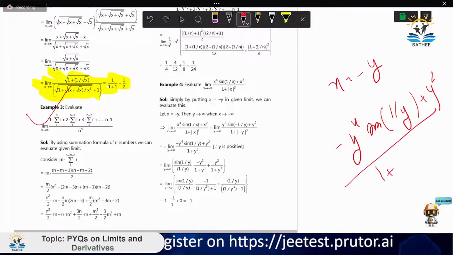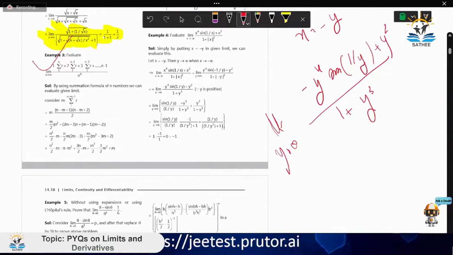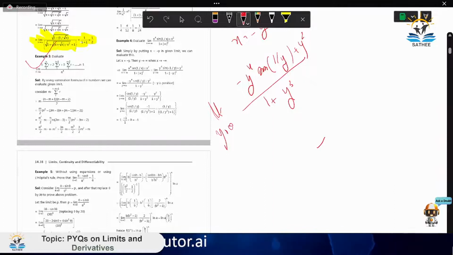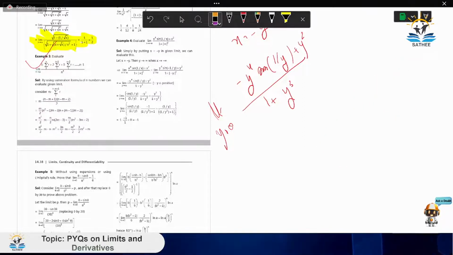Now the limit is y tends to infinity. So what I have to do is take y square common. But that does not work, right? We should not do this. We have an infinity by infinity case.